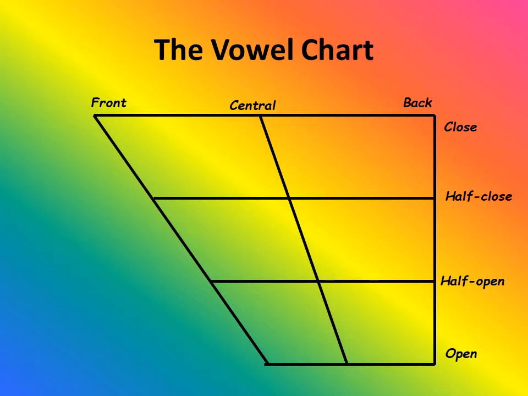That is why we have the front of the tongue moving, the central part of the tongue or the back, and the tongue can be moving from an open position, going through half open, half closed, and reaching closed position.